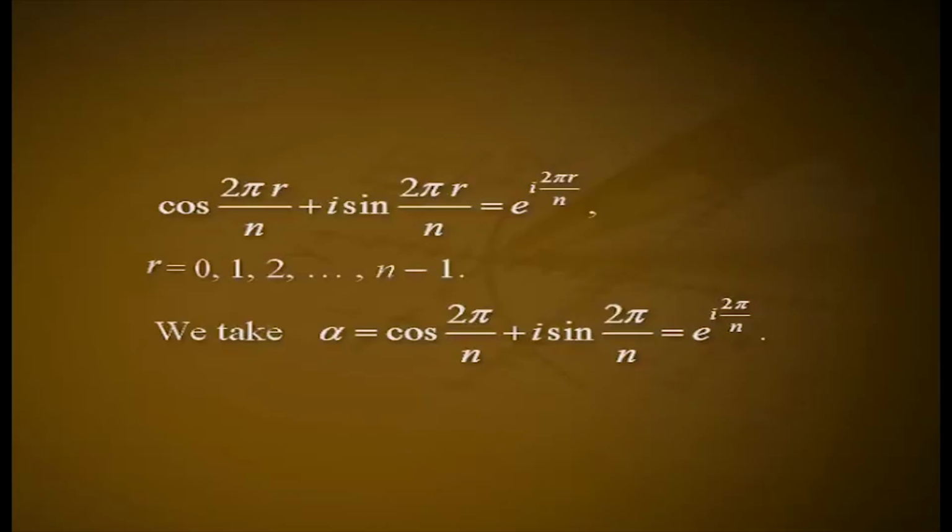We take alpha = cos 2π/n + i sin 2π/n = e^(i2π/n). Hence, the integral powers of alpha give all the nth roots of unity. Hence, alpha is a generator of Un and Un is a cyclic group.